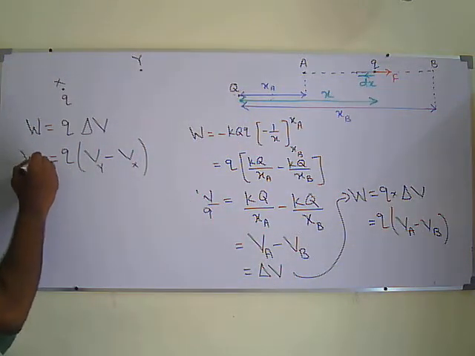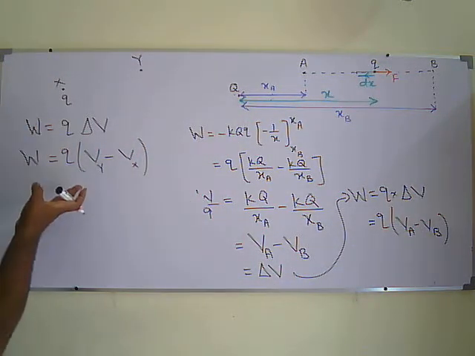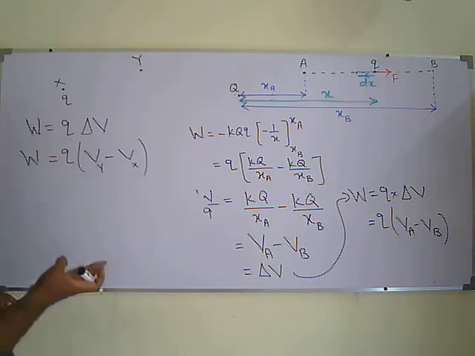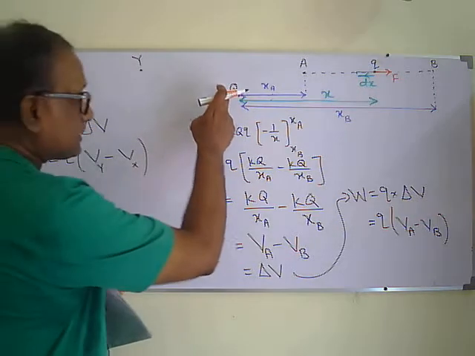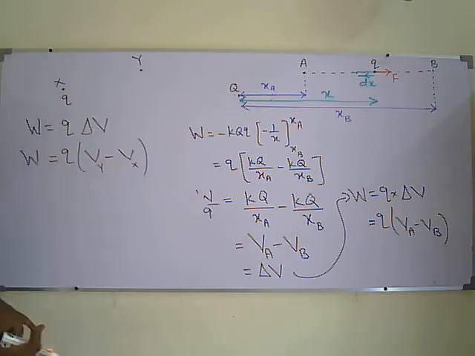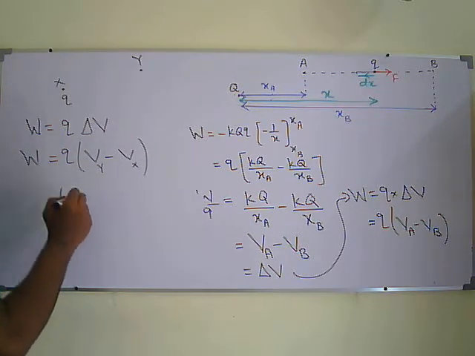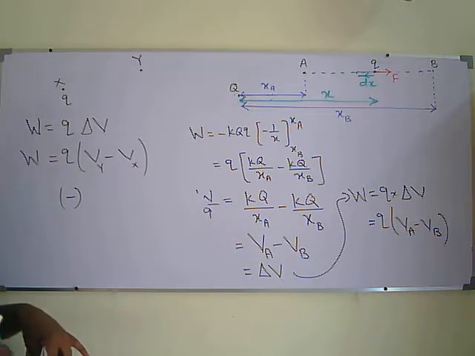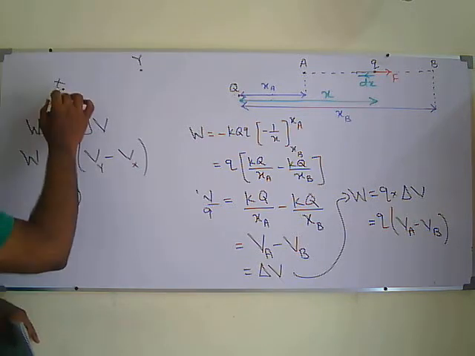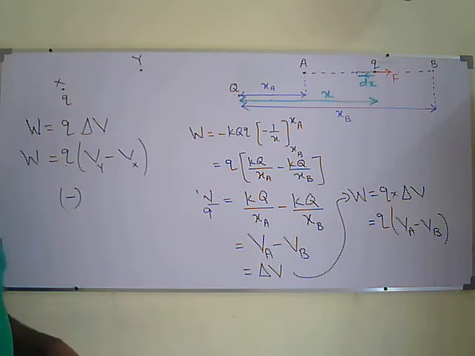Here also the work done can be either positive or negative. When you are using this equation, you must include the sign of all the charges, all the signs we should include. When I solve it, if I get a negative value for the work done, that means when the charge Q moves from X to Y, it will gain kinetic energy and lose potential energy.